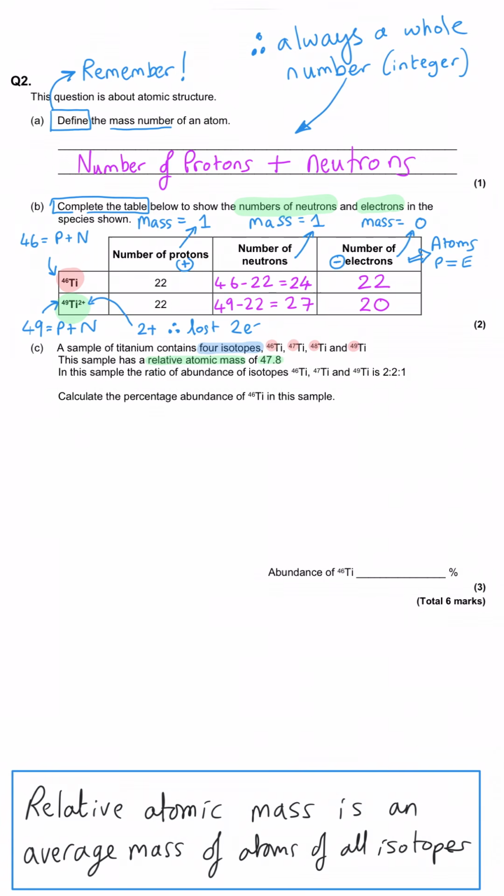Mass number is always an integer, relative atomic mass is often a decimal, and we report it to 1 decimal point. We're told that the ratio of abundances of the isotopes of 46, 47 and 49 is 2 to 2 to 1. And we're being asked to calculate the percentage abundance of titanium-46 in this sample.